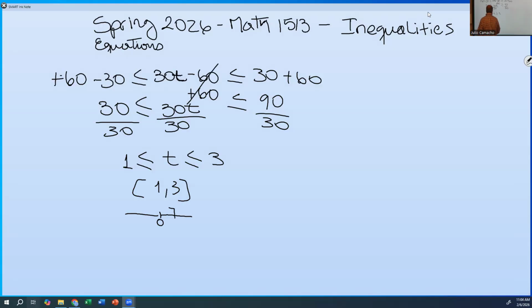You put a bracket where 1 is, and then you put another bracket where 3 is.